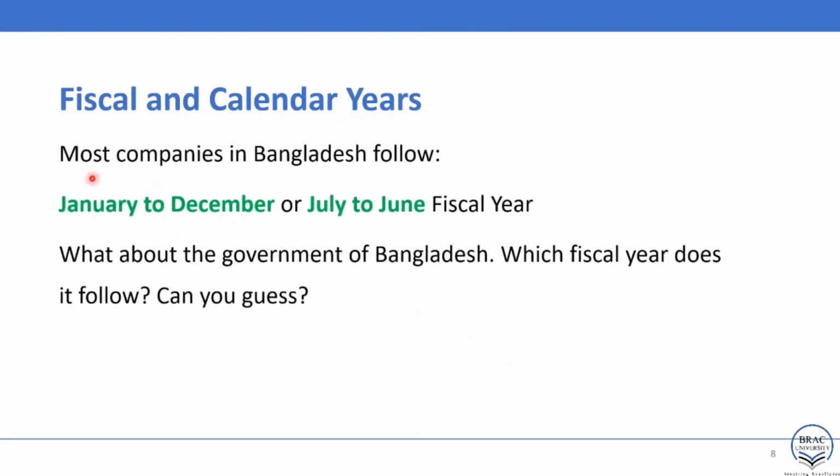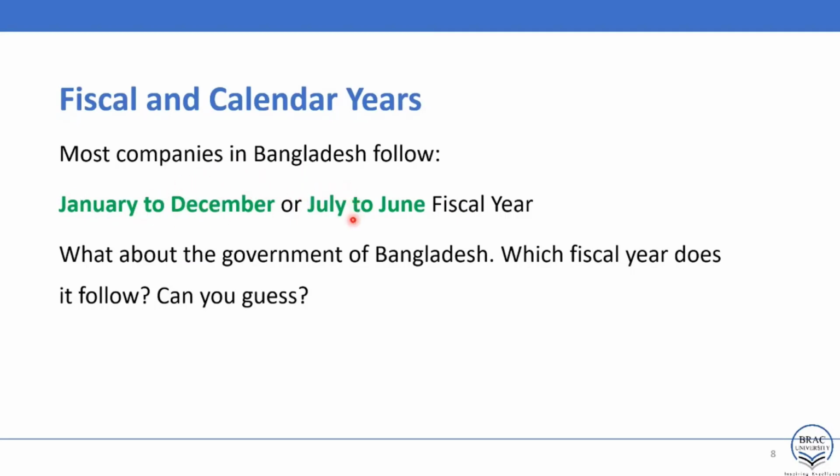Most of the companies in Bangladesh follow a January to December fiscal year. That means they follow the calendar year as their fiscal year. They start their accounting process from January and end it in December 31.